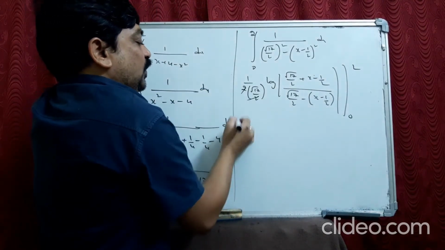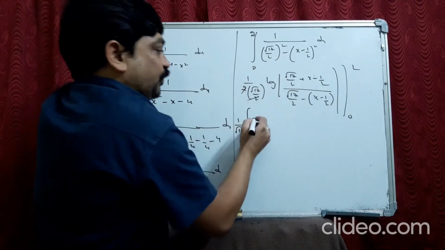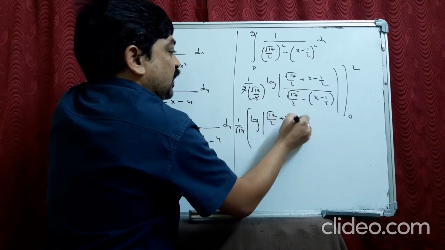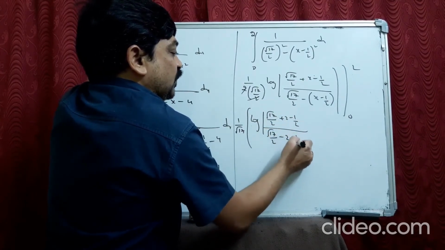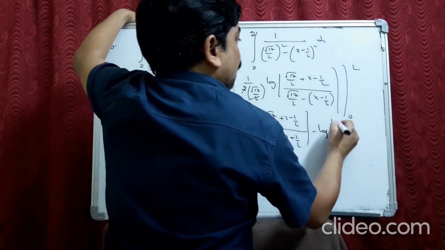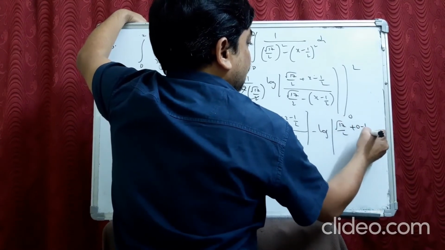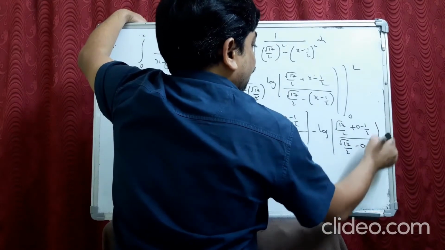So 1 by root 17, I keep first outside. First let us substitute 2. Log root 17 by 2 plus 2 minus 1 by 2, root 17 by 2 minus 2 plus 1 by 2, minus log root 17 by 2 plus 0 minus 1 by 2, by root 17 by 2 minus 0 plus 1 by 2.